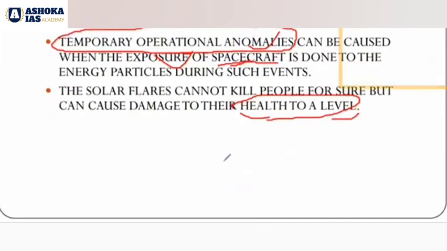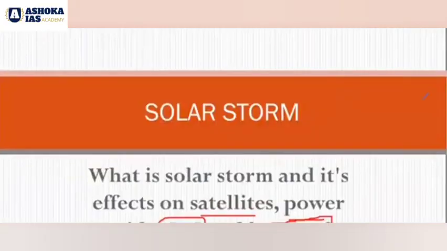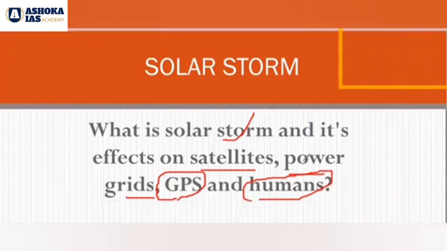So with this, we have discussed the meaning of solar storm, what a solar storm is, how and from where it comes, and how it interacts with the Earth's atmosphere and magnetic field. And if the duration is more, if the intensity is more, it could lead to different types of problems in our atmosphere.